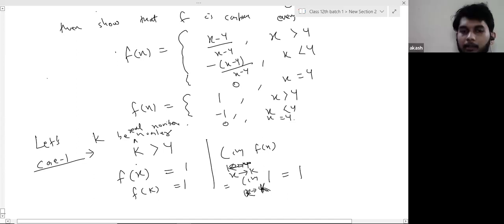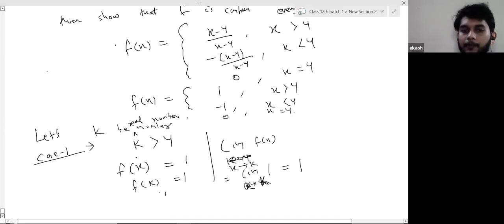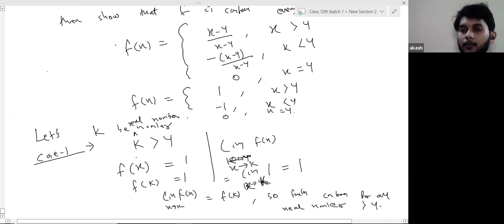So we are getting limit of f of x is equals to f of k. So function is continuous for all real numbers greater than 4.